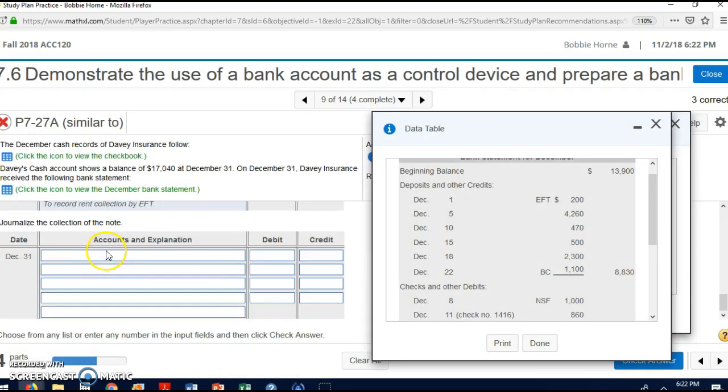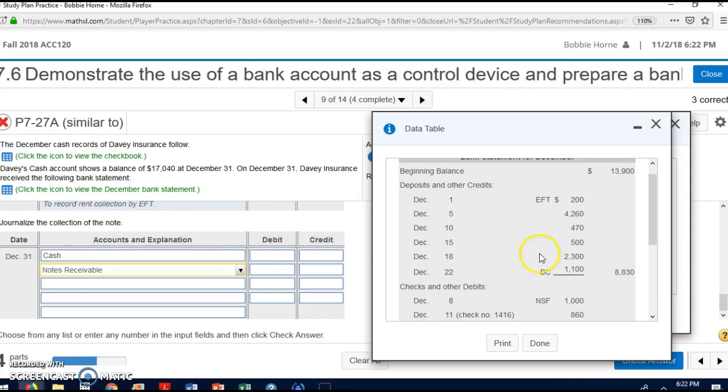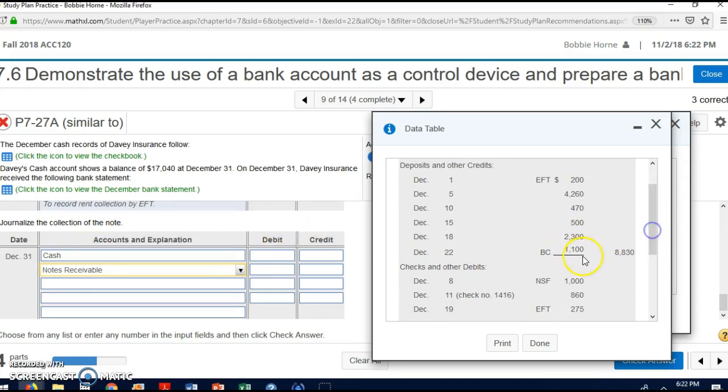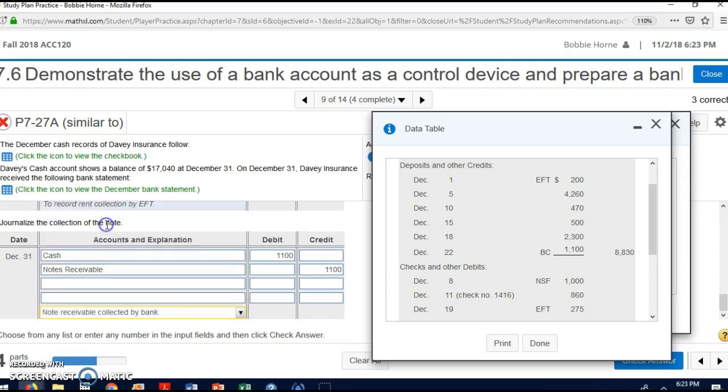And then the next one was the note receivable. We need to record that the bank has received cash, so we've got cash, for the $1,100 bank collection for the note. The bank collected a note from a customer for us, so note receivable collected by the bank.